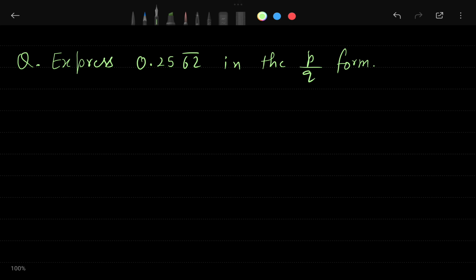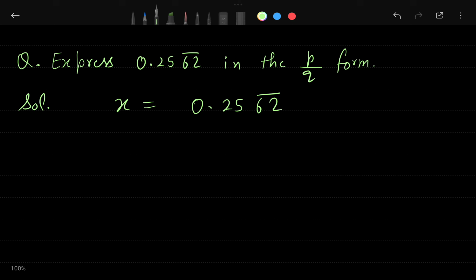So again, what we will do is write it equal to x. This is the solution. The first thing you need to do is write this equal to x. Why do I write it equal to x? Because I assume that x is the p by q form of this decimal number. Now what you need to do is see how many digits are not being repeated.